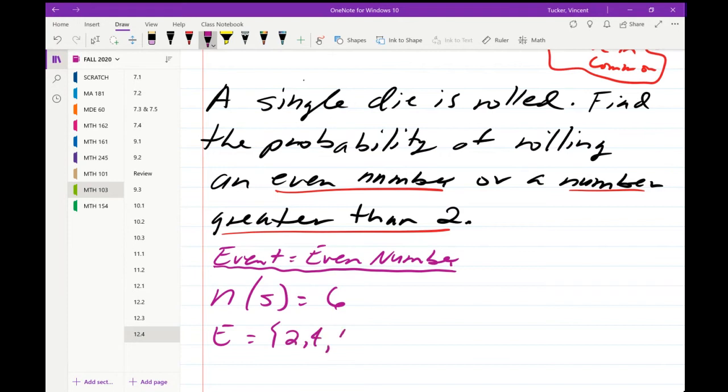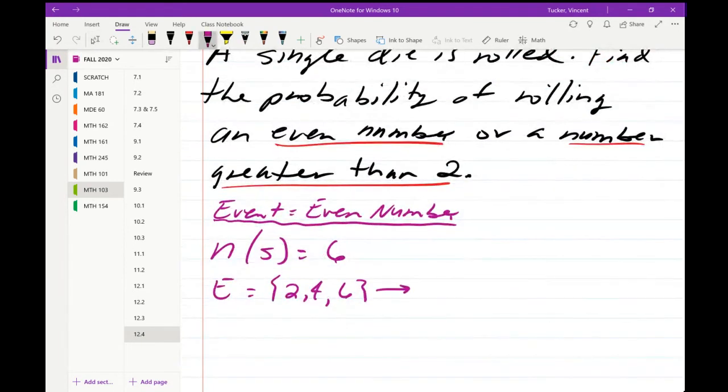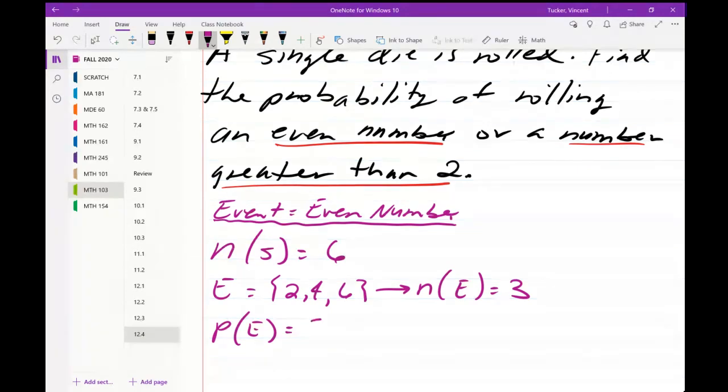That's 2, 4, 6. So the number of even numbers is 3. So the probability of getting an even number is 3 over 6. And once again, I'll reduce at the end.